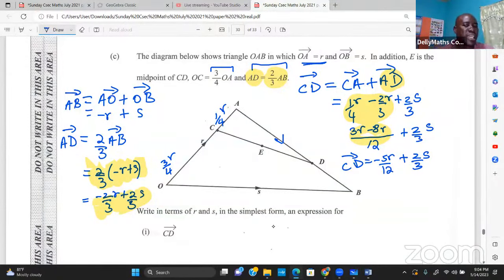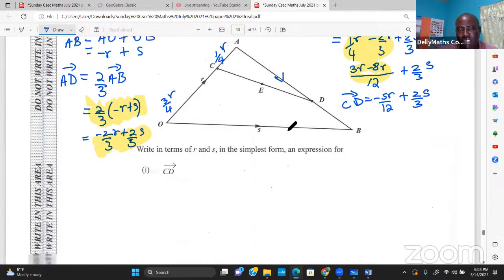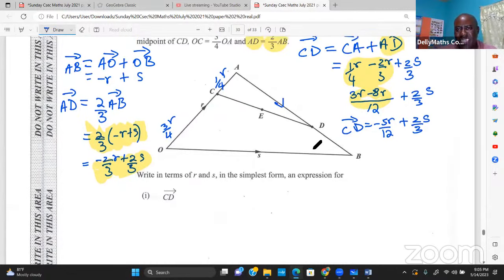I am begging you, just take your time and do what you learn with algebra fraction. So -5 over 12 R plus 2 over 3 S is CD. All right, we have CD.